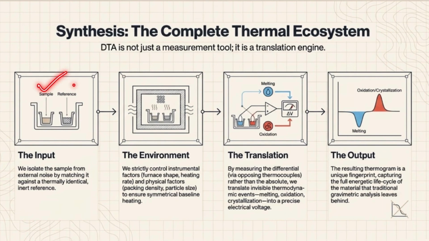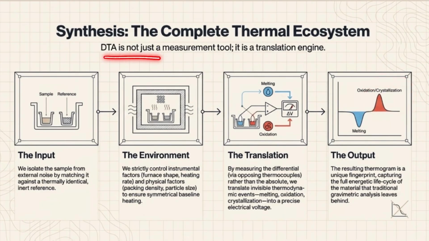So this slide provides us a complete sequence of the topics we have discussed: we take a sample and reference, and we linearly heat them in the furnace in a controlled environment. After heating, there are changes, either an endothermic reaction or an exothermic reaction, and these changes are then converted into peaks, and we can identify which were the endothermic changes and which were the exothermic changes.